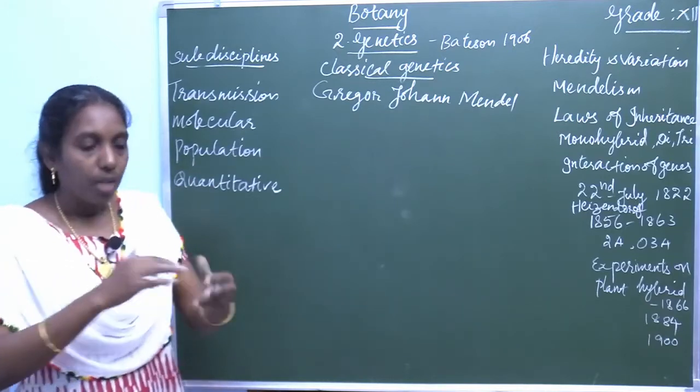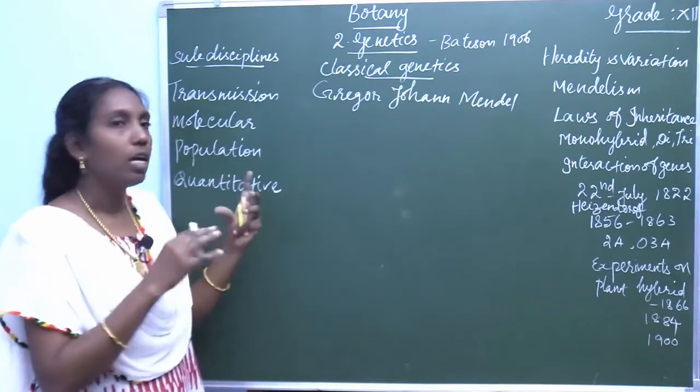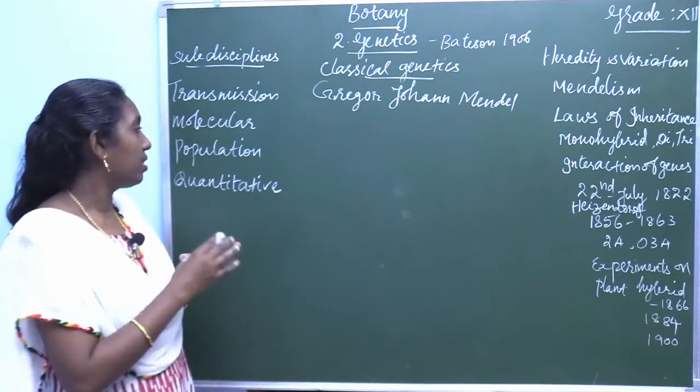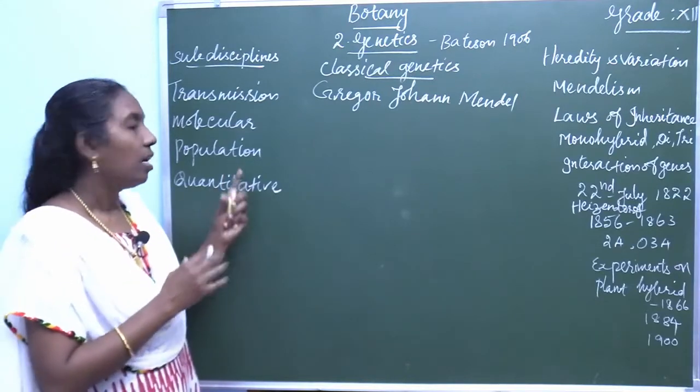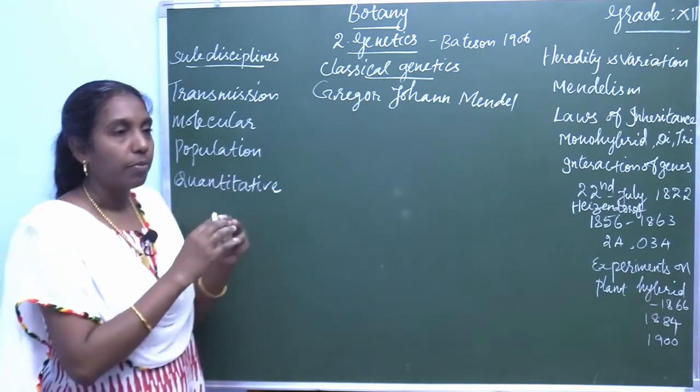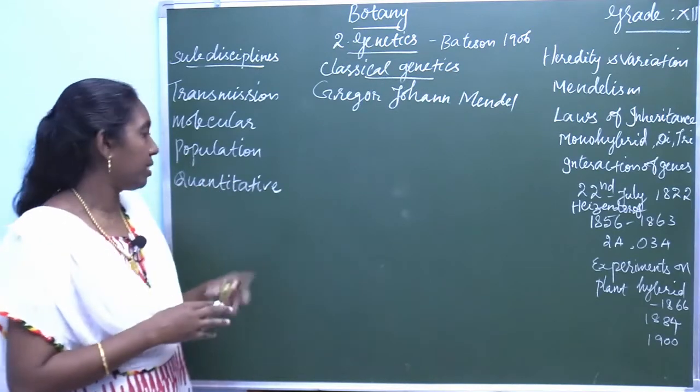Population genetics: within a population, how these characters are carried. There are a limited number of genes carrying the characters when studying population genetics. So, it is called qualitative genetics.